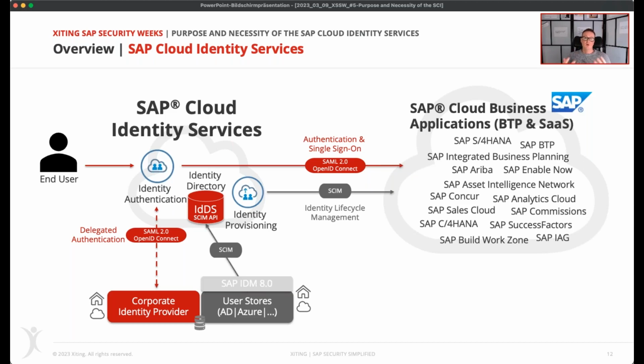And also it's to be considered as a core service running on and also deeply integrated with the BTP, the Business Technology Platform. So they are delivered with one productive and also one test tenant per customer. So when you have multiple SAP Cloud products, like the ones we can see here on the right side, they all should be integrated with the same identity services tenant.